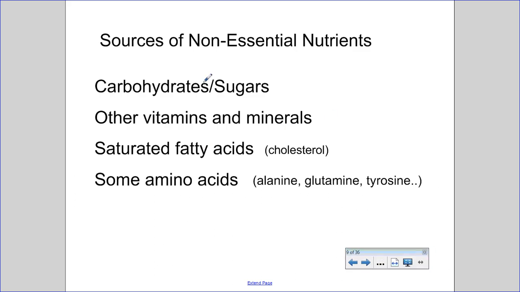So there are the non-essential nutrients, and common sources of non-essential nutrients are things like carbohydrates or sugars, other vitamins and minerals, saturated fatty acids such as cholesterol. Our body can synthesize cholesterol, and then some amino acids such as glutamine, alanine, and tyrosine.